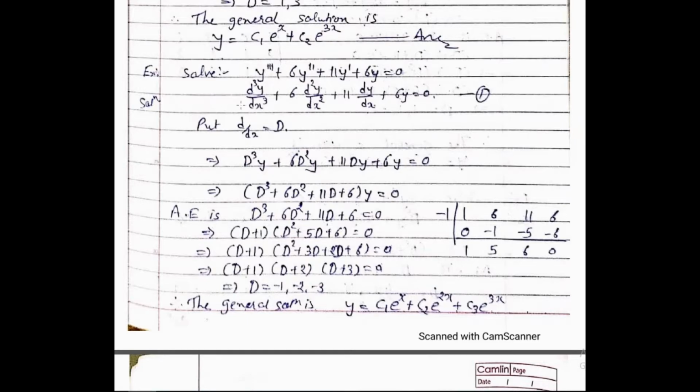So we are going to put d by dx is equal to capital D, and that will give you d cube y plus 6 d square y plus 11 dy plus 6y is equal to 0. Y will be common out, and that will give you d cube plus 6d square plus 11d plus 6 of y is equal to 0.